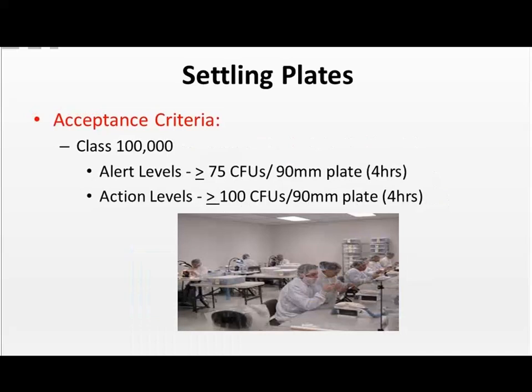In a Class 100,000 area or a Class D area, the alert and action limits are higher because this is non-sterile. So you're looking at an alert level of greater than or equal to 75 colony forming units and an action level of greater than or equal to 100 colony forming units on a 90 millimeter plate. And again, these plates have been left for 4 hours.